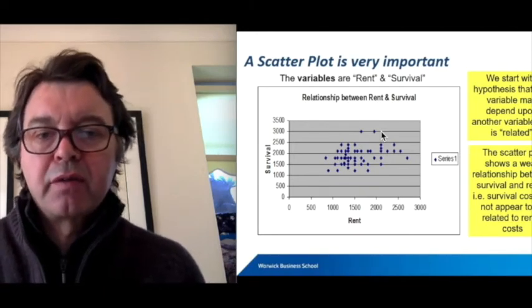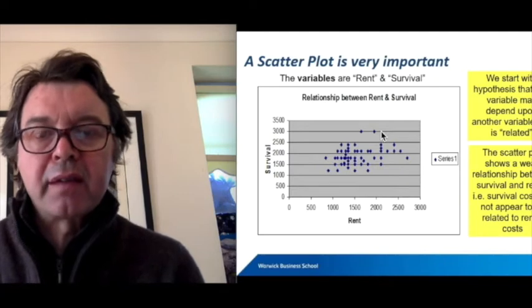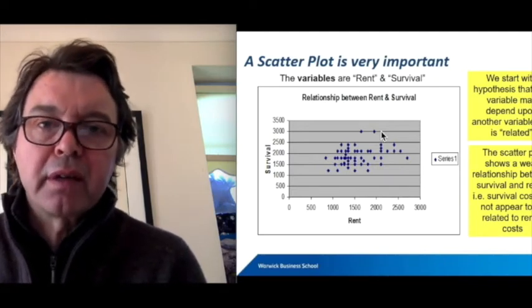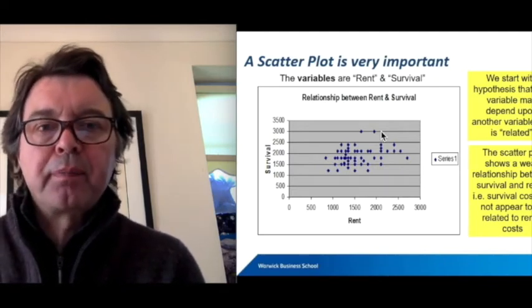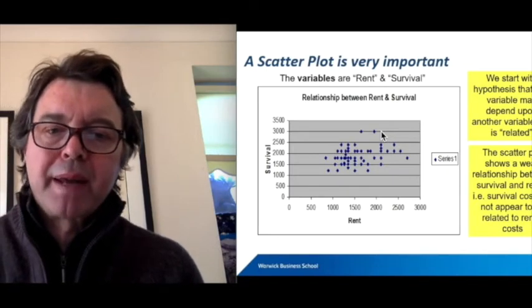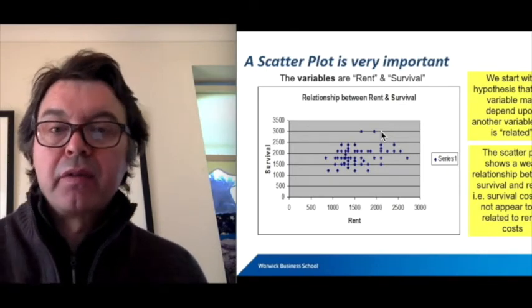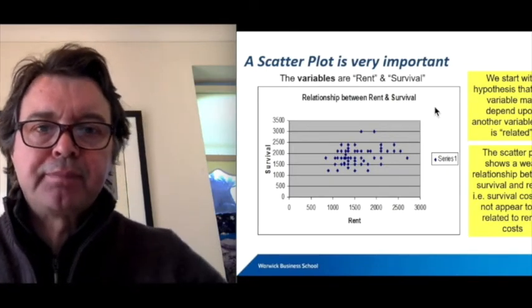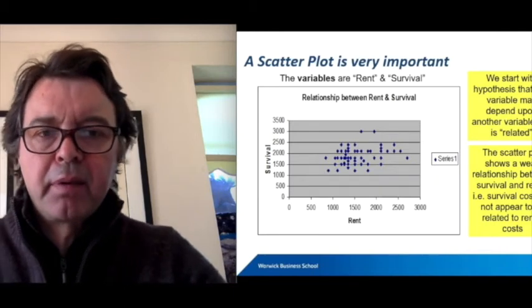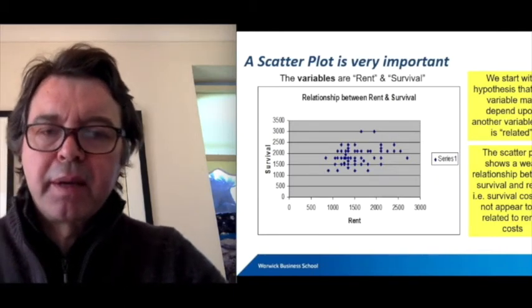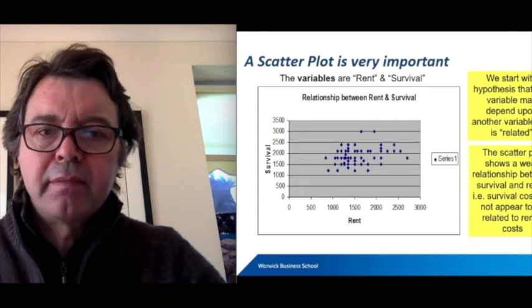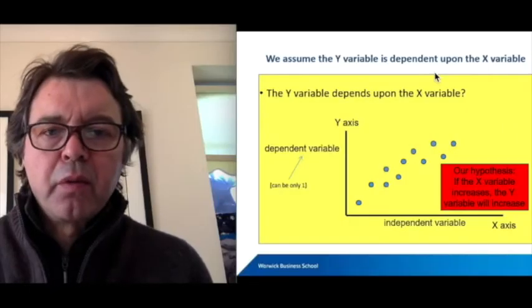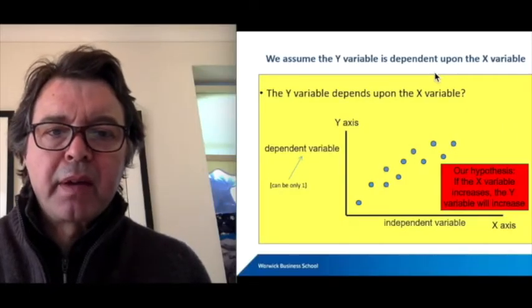And so survival costs depend on other things. They depend on the local authority and the local economy, whereas rent cost is dependent upon the success of the university. So that's a good example of a relationship that we can see from the scatter is not clear. We assume the y variable is dependent upon the x variable.